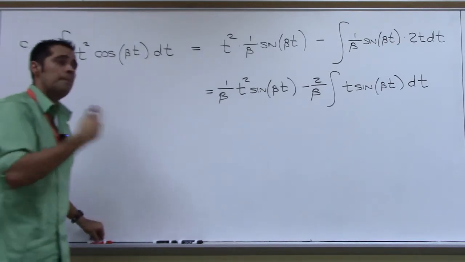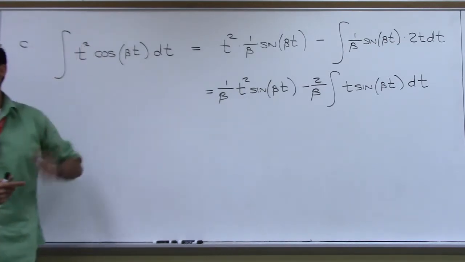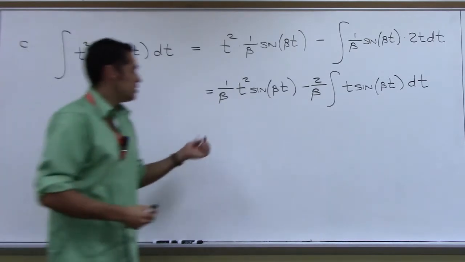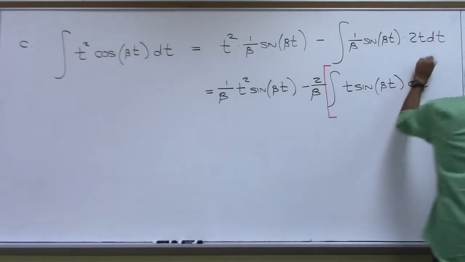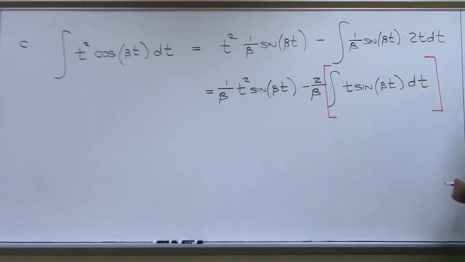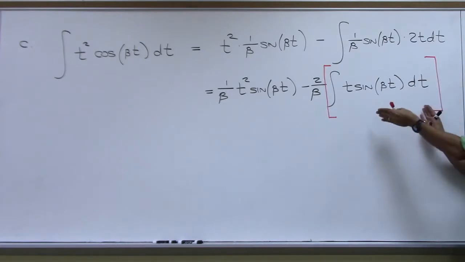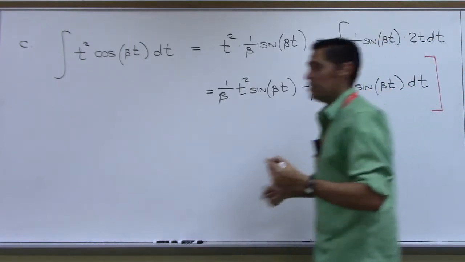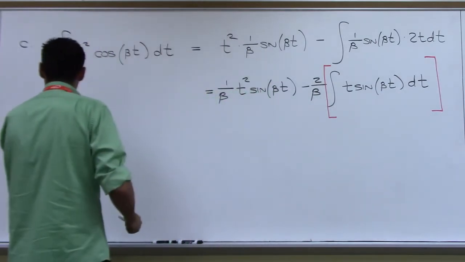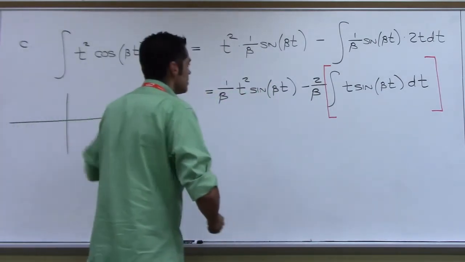So I'm going to repeat integration by parts on that one integral. And when I do that, I'm going to put the integral in brackets like this, and I'm going to do it in red so that you at least know that I'm talking just about this for now, all right? So first let me do my table on the side, which will be here. I have a new table because it's a new integration by parts.